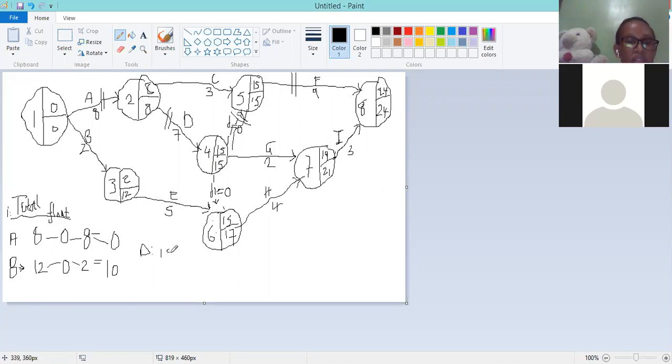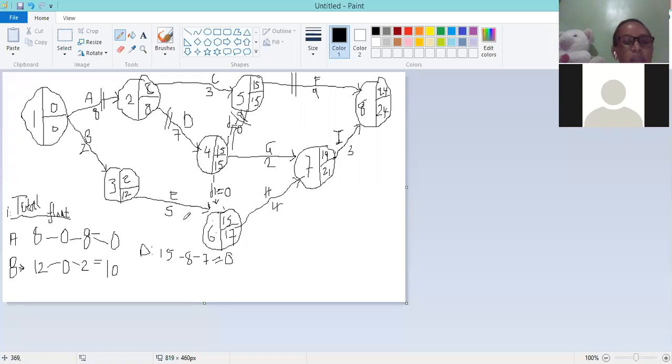So we take 15, we minus 8, then we minus the duration of the activity, which is 7. And as you can see, as a result of activity D being critical, the total float again is supposed to be 0. If we get something else, something is not okay.